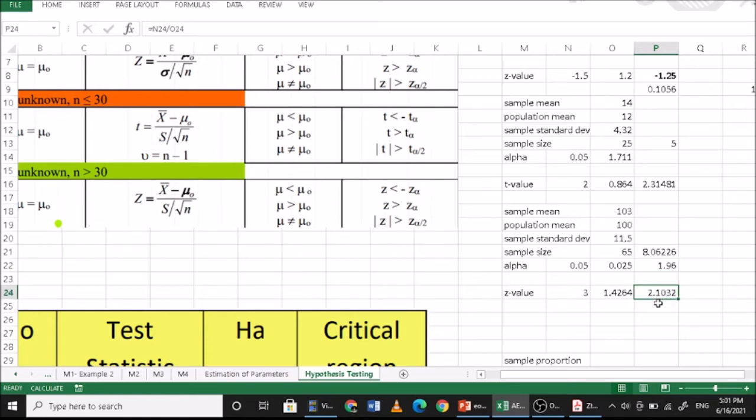So we reject the null hypothesis since the computed value is greater than our z alpha over 2, which is 1.96.